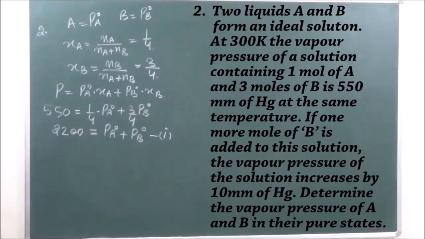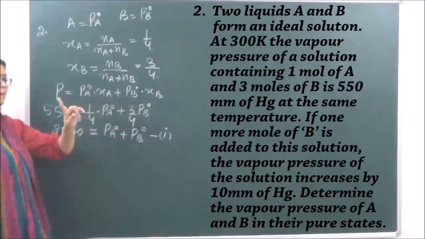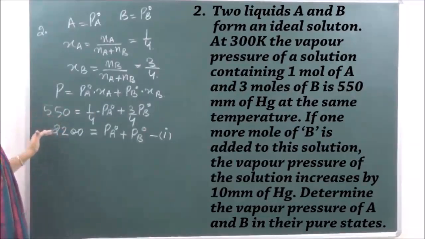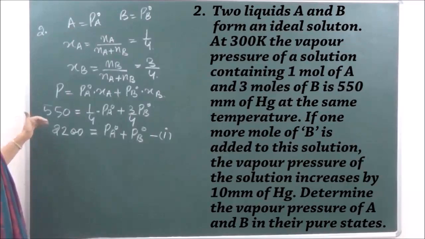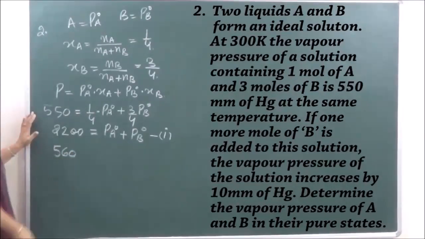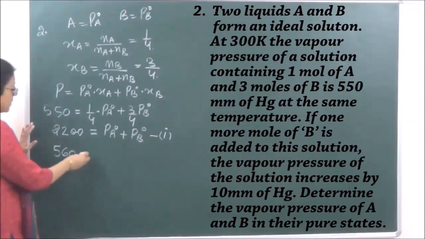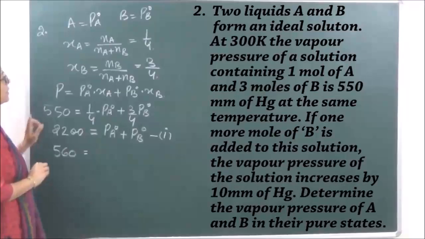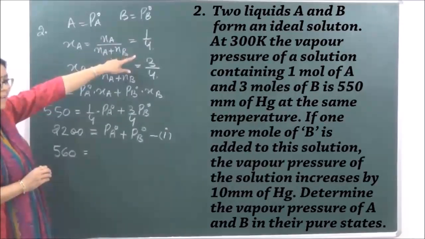Now, in the second case, they are saying that if the number of moles of B is increased by 1, the vapor pressure increases by 10. So the vapor pressure now becomes 560.